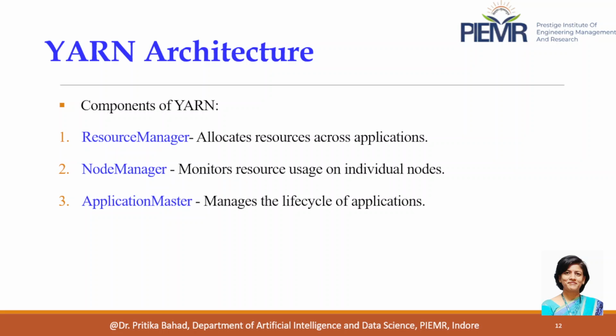The components of YARN have different responsibilities allocated to them: resource manager allocates resources across applications, node manager monitors resource usage on individual nodes, and application master manages the life cycle of the application. With YARN, Hadoop can run diverse workloads such as batch processing, real-time analytics, and machine learning models.